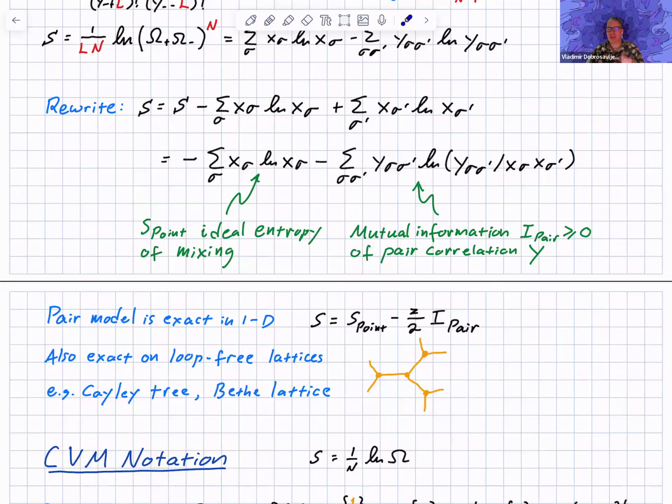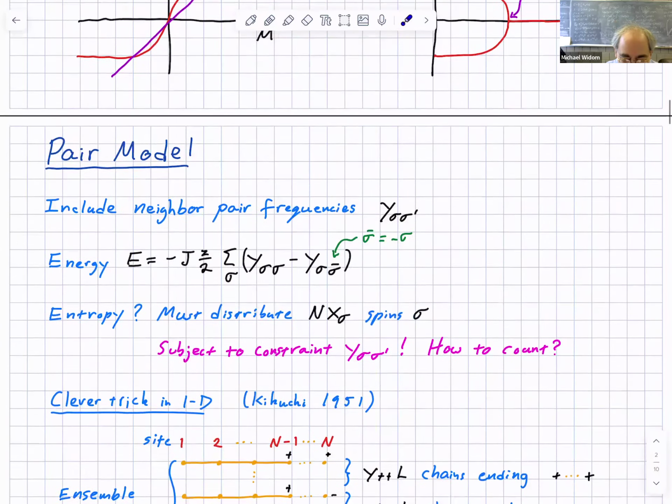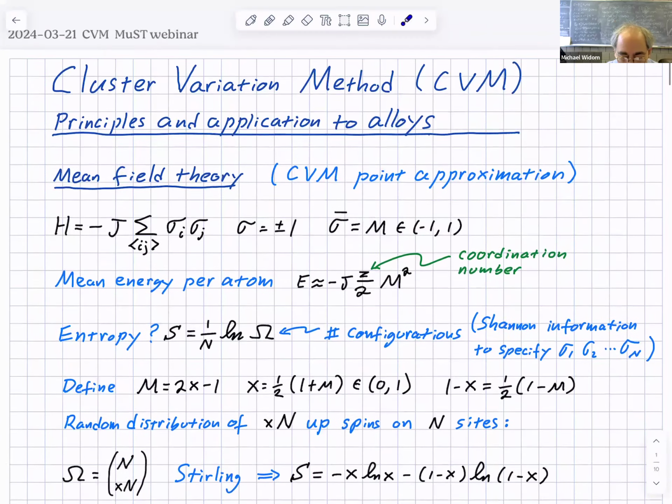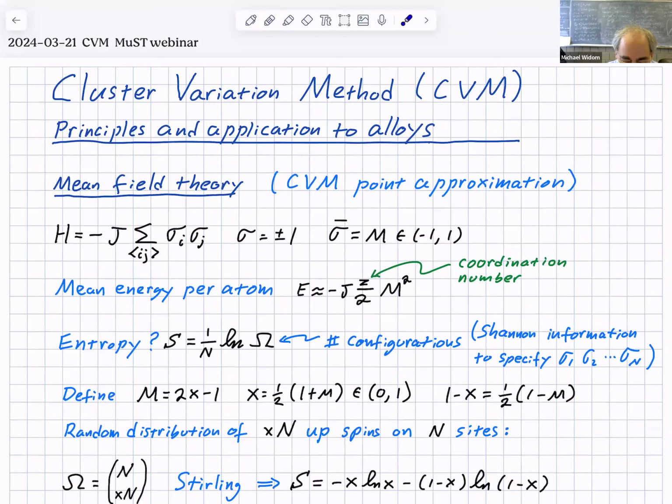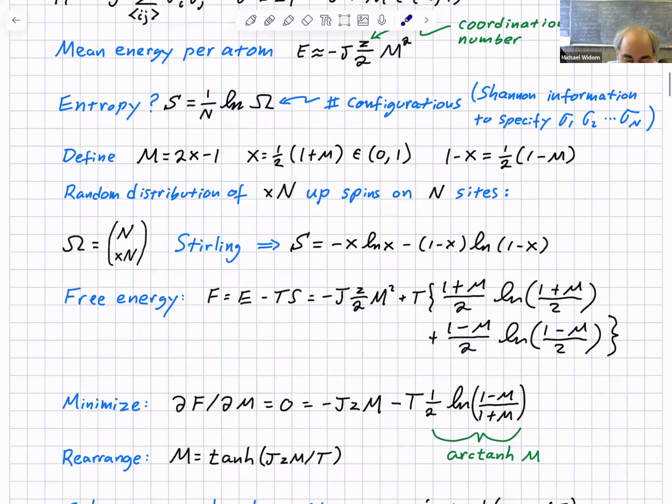So sorry, I didn't understand. So this expression above, the previous expression on the previous page that you just showed, you said that these y's are calculated exactly in one dimension. So does that mean that if you actually use this, I have to specify here the entropy is exact in one dimension, but the mean field energy... So here's the exact energy. Yeah.